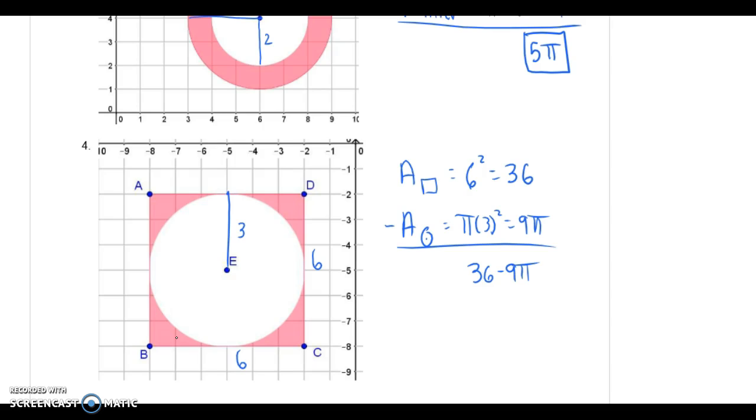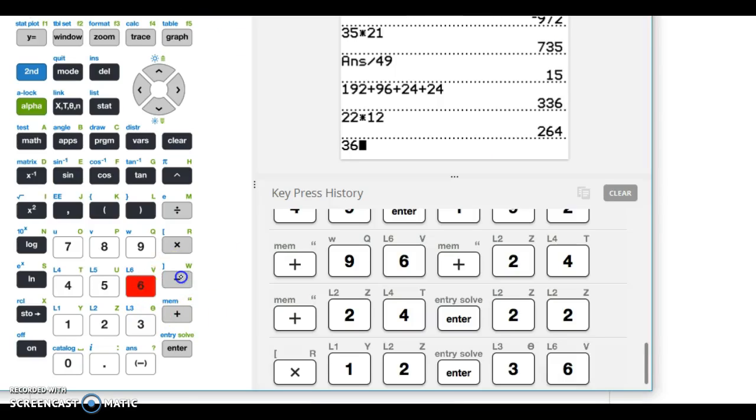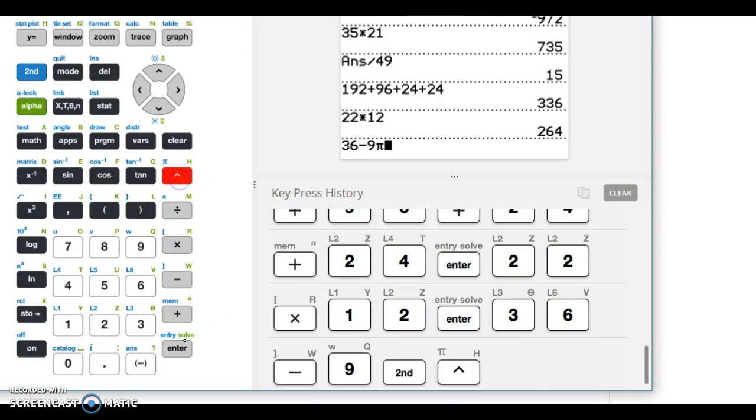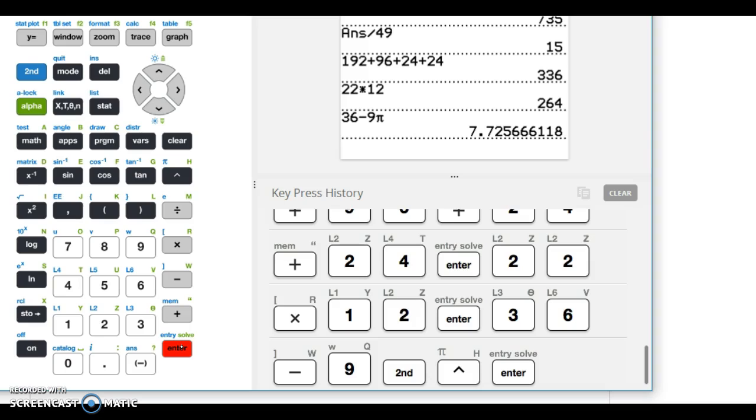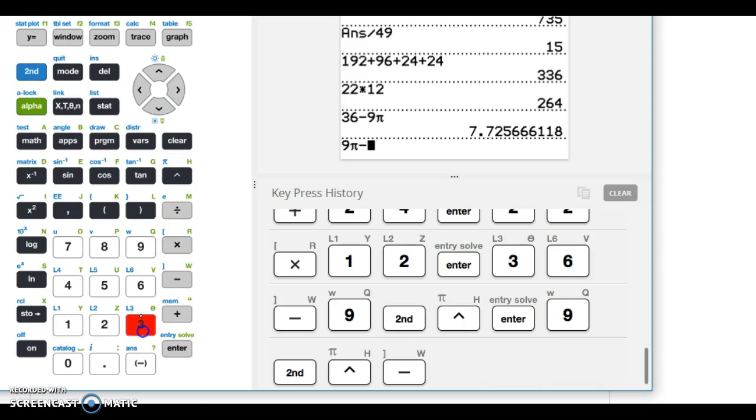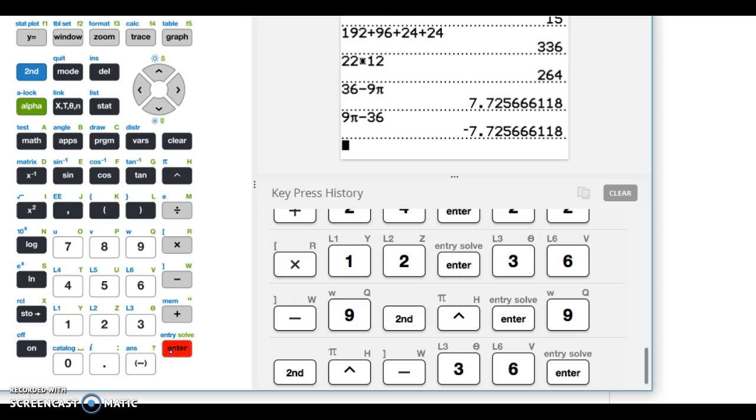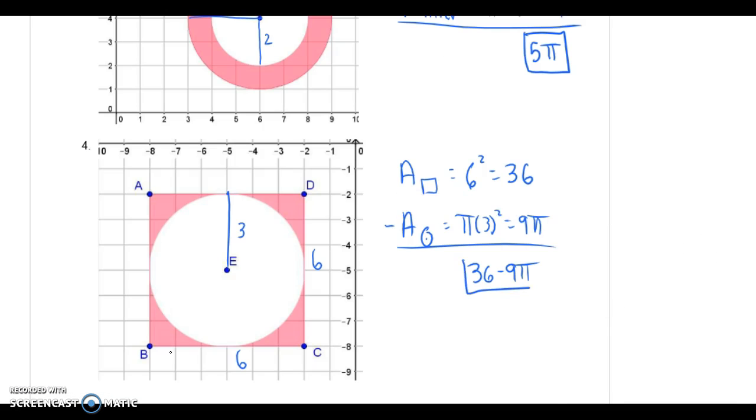So if we take 36 minus 9 pi, we end up getting about 7.72. If we were to reverse it accidentally, 9 pi minus 36, you'd notice that we'd get a negative area, and that can't possibly happen. So it's another nice way to double check that your area has been calculated correctly. So this is our final answer.